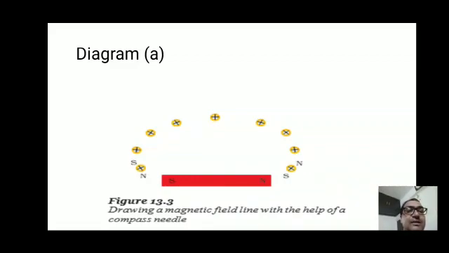You can see that at the end of the south pole, the compass needle's north pole is near it. It means that the north pole of the compass is attracted by the south pole of the magnet. This way we can draw as many lines as possible. So this is the first figure.